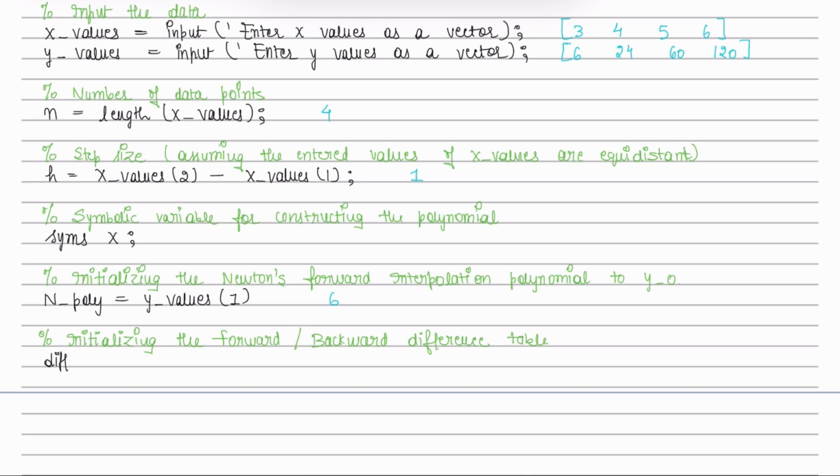diff_table. This is the variable name for the difference table, and it is to be initialized as zeros, whose dimension is going to be n comma n.